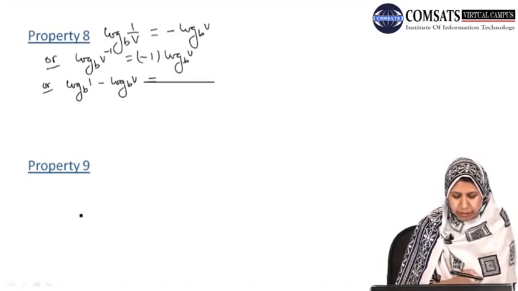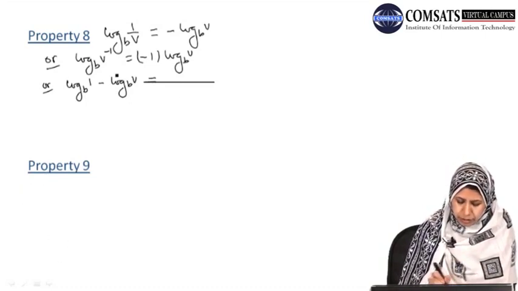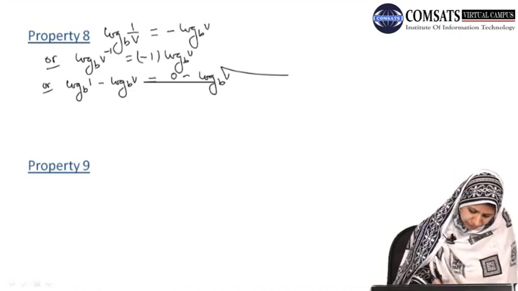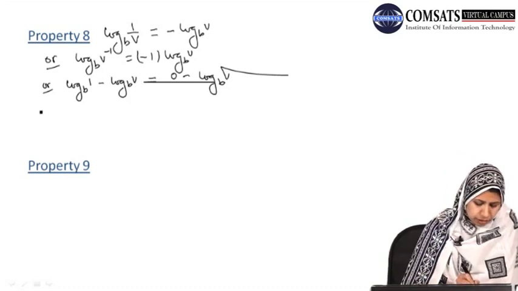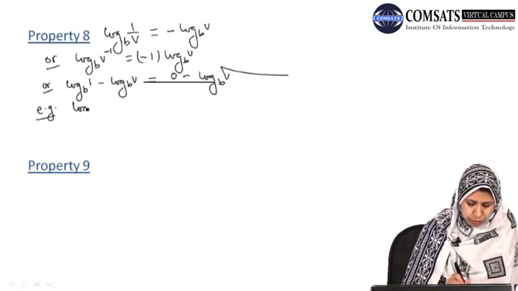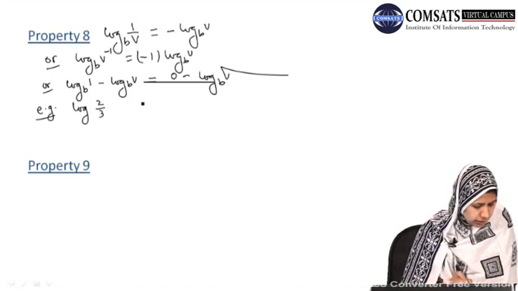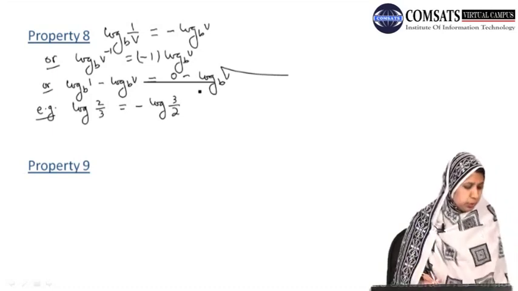We have just seen in our previous properties that log of 1 to any base is 0, so we obtain 0 minus log of v to the base b, and we obtain our right hand side. For example, if we want to find the log of 2 by 3, then this is nothing but minus 1 times log of the reciprocal, which is 3 by 2.